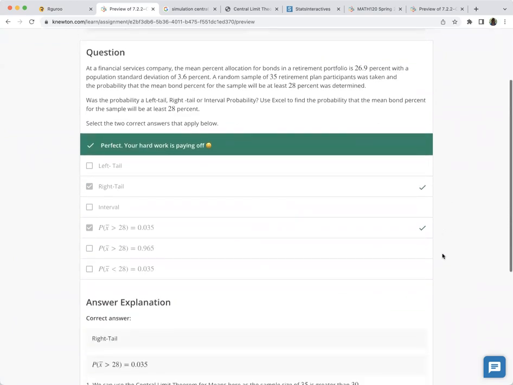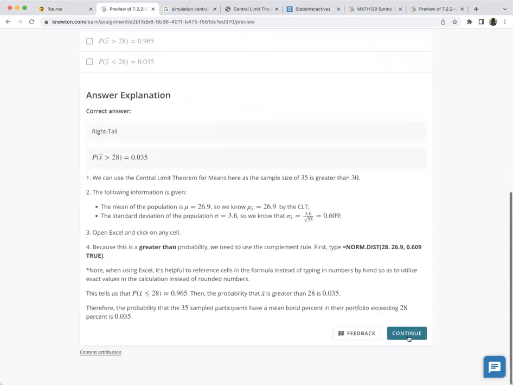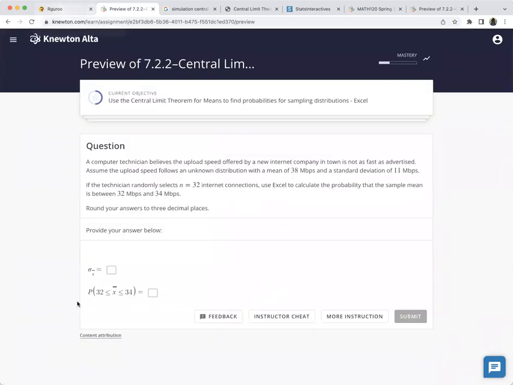All right, so with this central limit theorem, let's do this one because this one is an interval one. A computer technician believes the upload speed offered by a new internet company in town is not as fast as advertised.